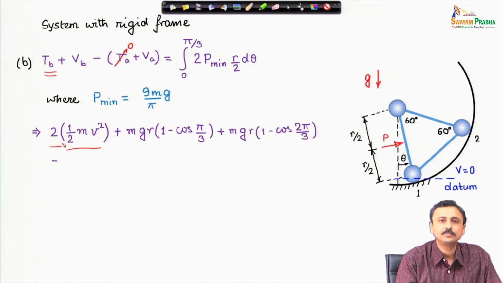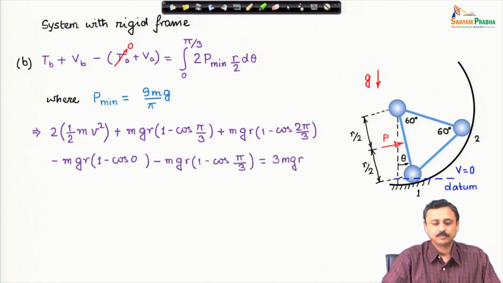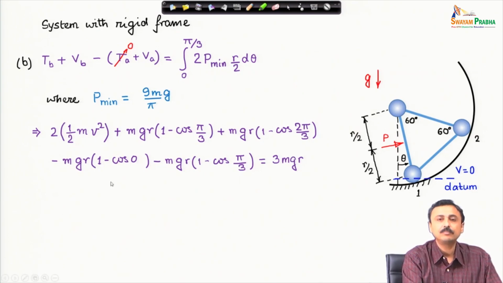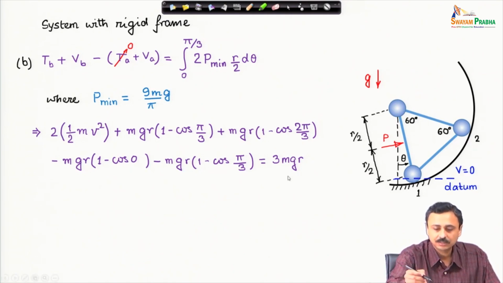We have, as usual, the potential energy expressions, and the potential energy in state A. Total energy in state B minus total energy in state A must be equal to the work done by 2 times P min, which turns out to be 3 mgr.